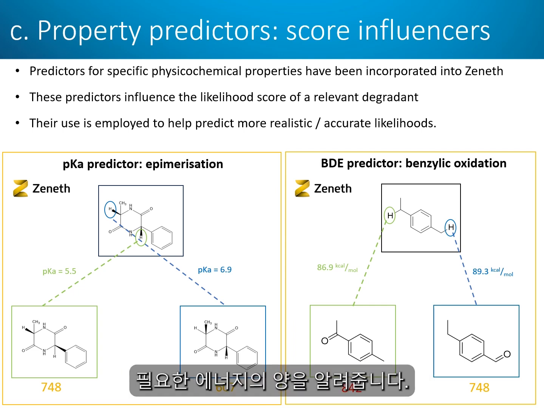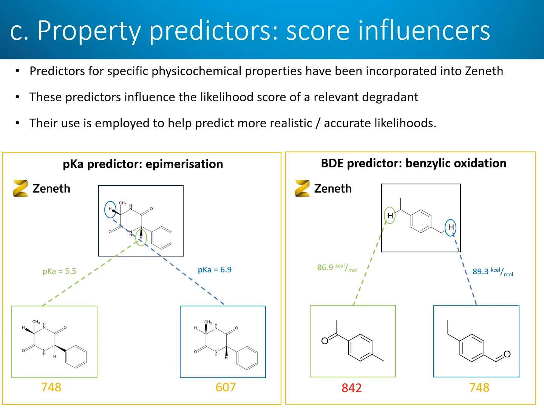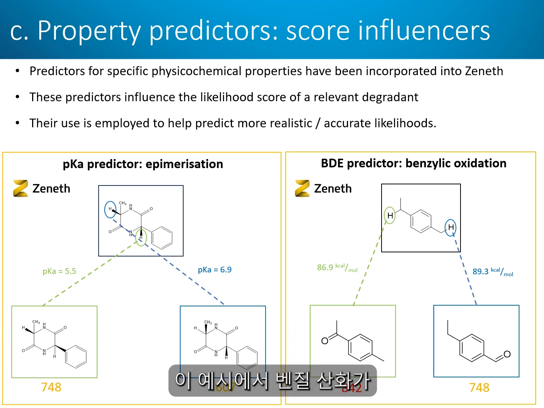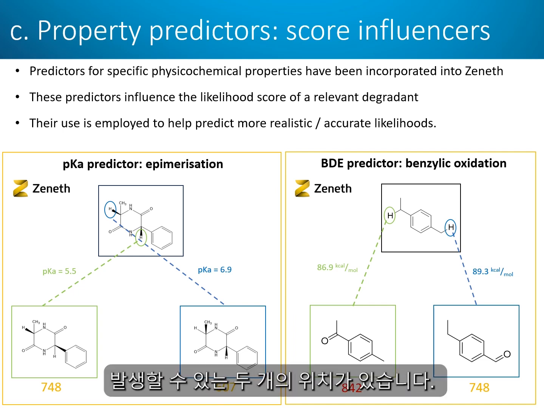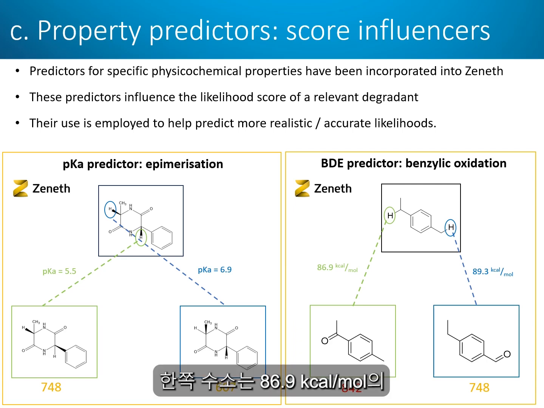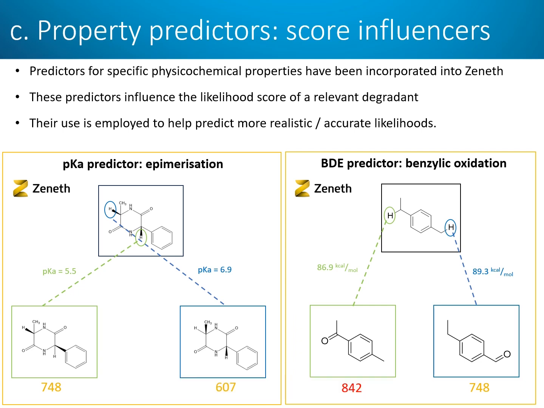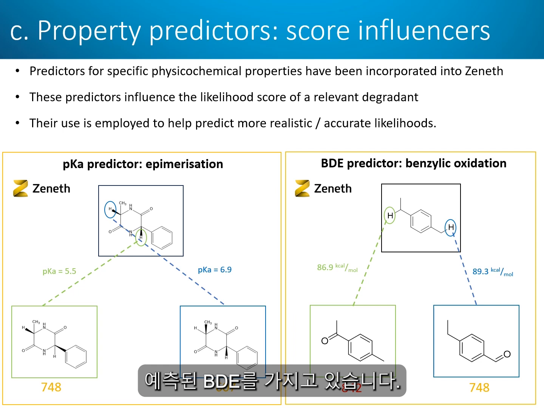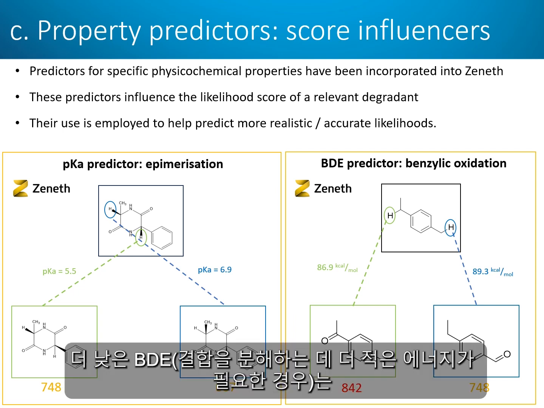In this example, there are two sites where benzylic oxidation can happen. One of the H's has a predicted BDE of 86.9 kcal per mole, and the other 89.3 kcal per mole. The lower BDE, i.e. requiring less energy to break the CH bond, results in a degradant of higher likelihood.